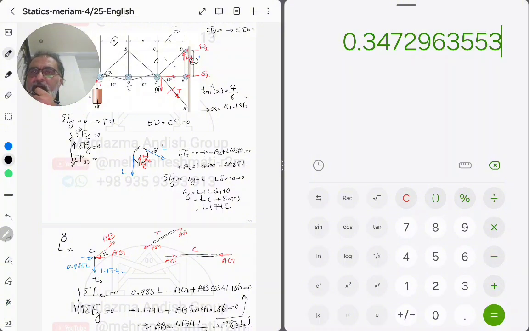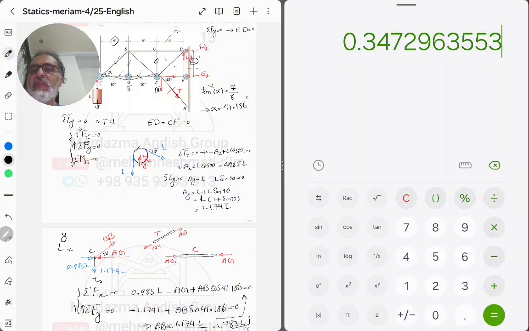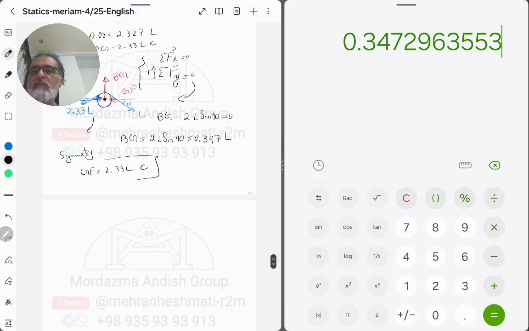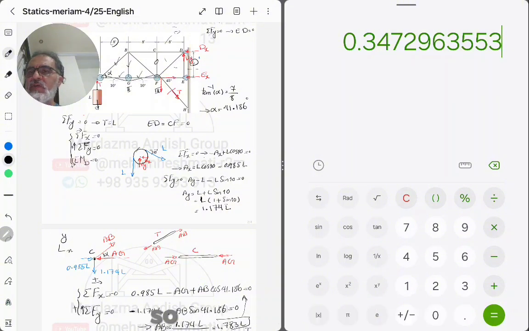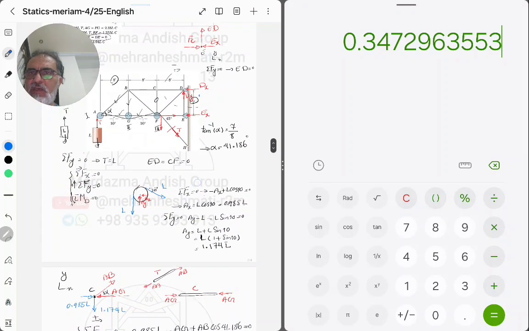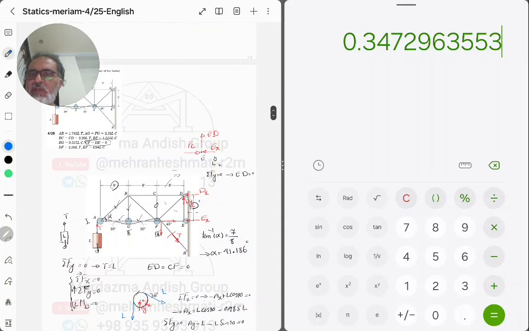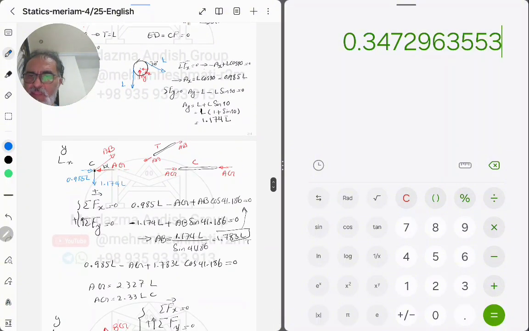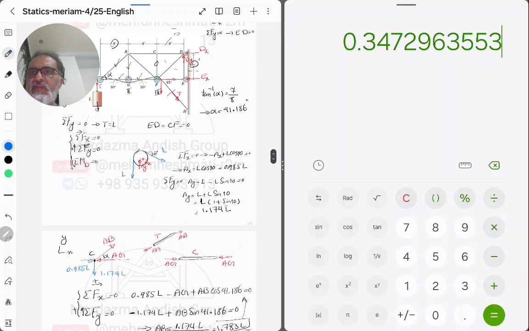Now because all these four members are known, we can analyze the joint B. Joint B. For B, there is no external forces, so we have AB, GF and AG. For AB, 1.783 L tension.